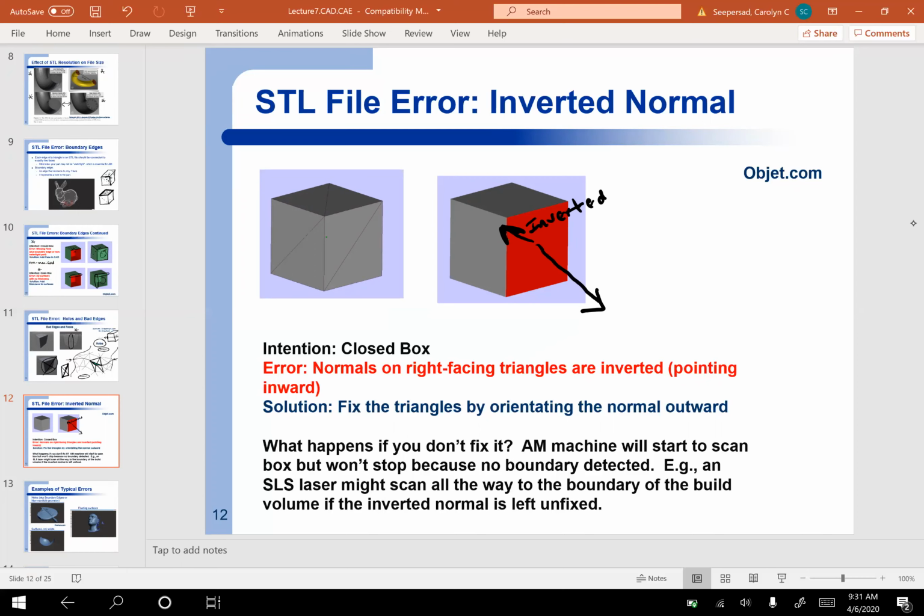It might think it's a box within a box for some reason, just an artifact, for example, of when you originally created the part. It's looking for an intersection with a triangulated surface, and it's looking for that normal to be pointing generally in the direction in which it's scanning out of the part, right?